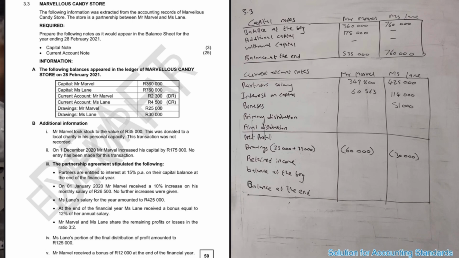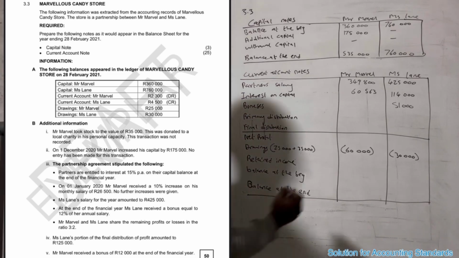At the end of the financial year, Mrs. Lane received a bonus equal to, okay, we already read this one. Mr. Marvel and Mrs. Marvel share the remaining profit or loss in the ratio of 3:2. And Mrs. Lane's portion of the final distribution amounted to 125. Okay, the final distribution for Mrs. Lane is already given.